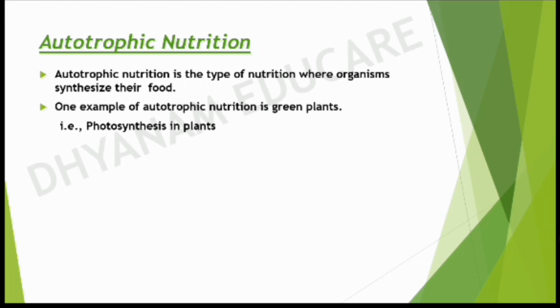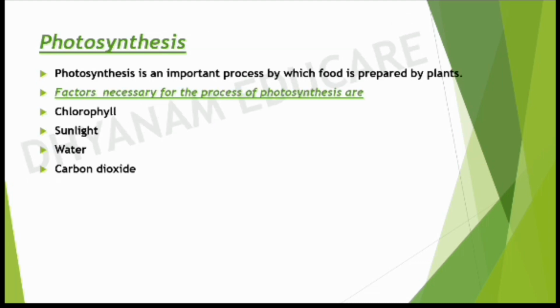Now let us discuss autotrophic nutrition. Autotrophic nutrition is the type of nutrition where organisms synthesize their own food by themselves. They do not depend on other organisms. One example of autotrophic nutrition is in green plants. Let us discuss photosynthesis.